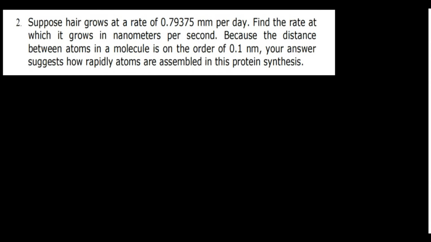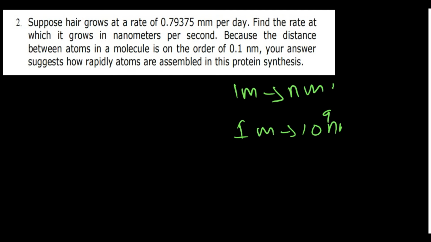So we need to know how to convert nano. Let's say we have 1 meter and we want to put it in nanometer. Nano is 10 to the power 9. So in 1 meter, there is 10 to the power 9 nanometer.